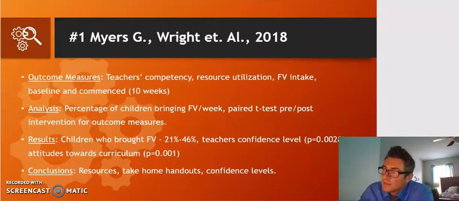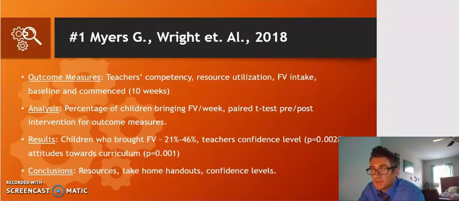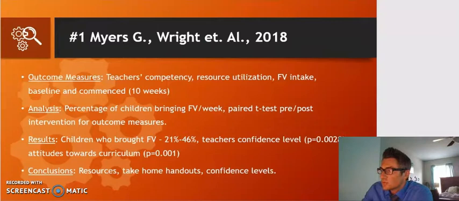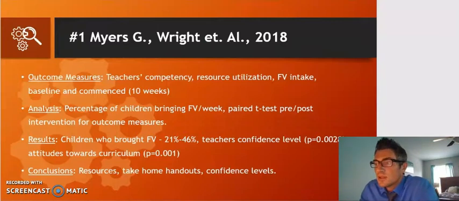The results indicated that children who brought fruit and vegetables increased over the 10 weeks, and the teacher's confidence level and attitudes towards the curriculum also improved significantly. Resources provided to increase educator confidence levels during the education sessions yielded greater confidence, resource utilization, and fruit and vegetable intake, as well as fruit and vegetables brought from home over the course of the 10 weeks. So it was successful.